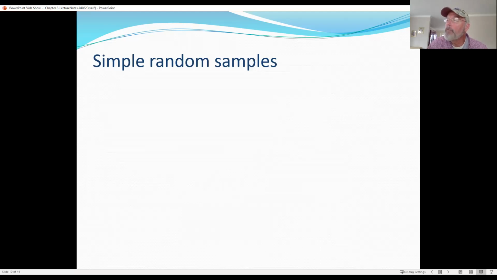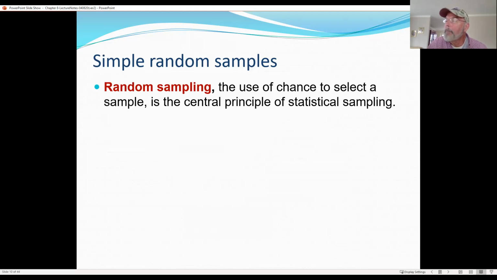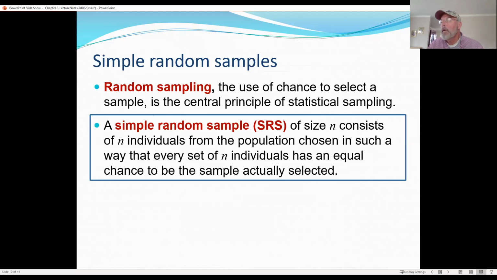Okay, so we left off with random sampling, all right? And some of the characteristics of random sampling is that we want randomness, okay?